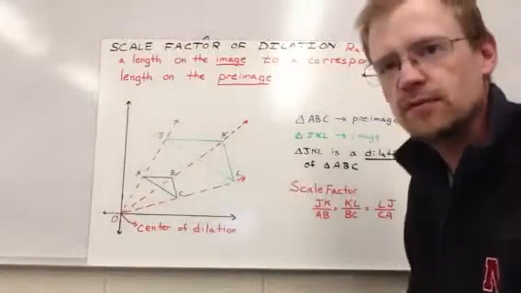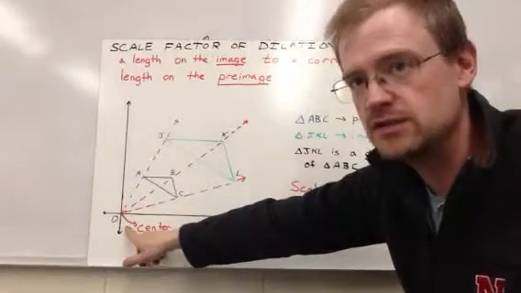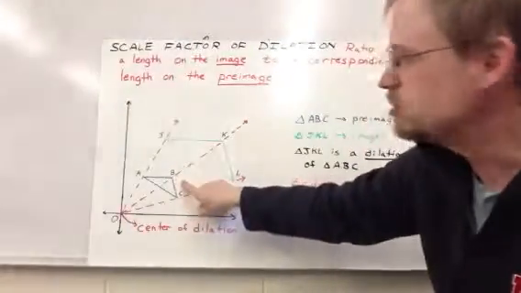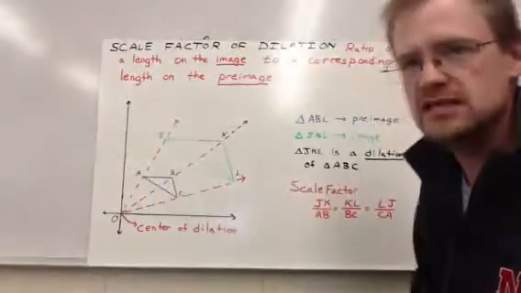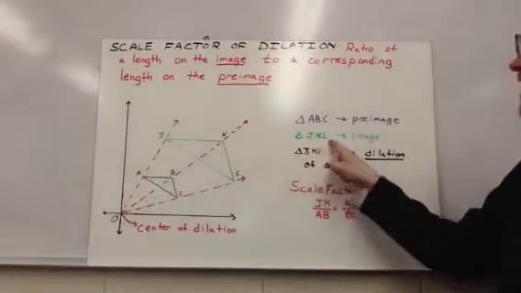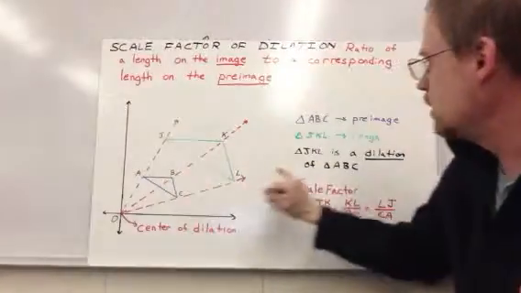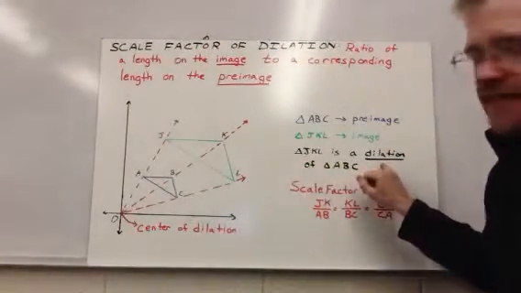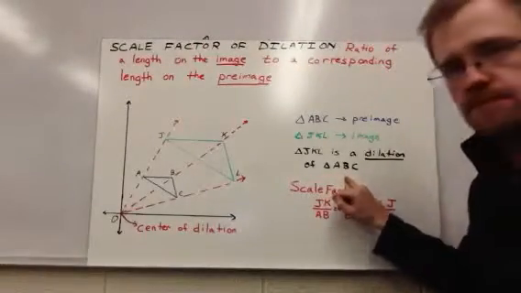Let's look at this example. What we have happening here. First of all, we do have a center of dilation at 0, 0. Our original pre-image is triangle ABC. That's our pre-image. We end up with triangle JKL as our image. So, first of all, we would say that JKL is a dilation of triangle ABC.